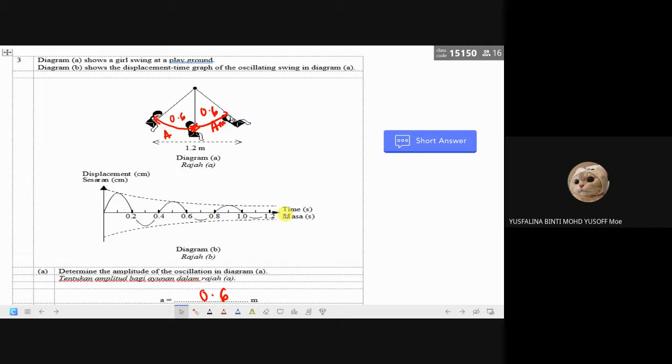So it means there is no force given to the system. So this is not a forced oscillation. This is a damped oscillation. So every time you see a graph like this, it is damped oscillation because of the decrease in the amplitude.